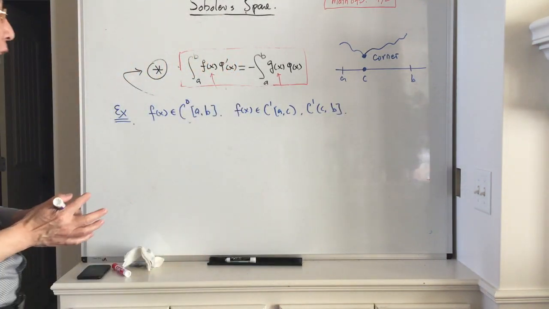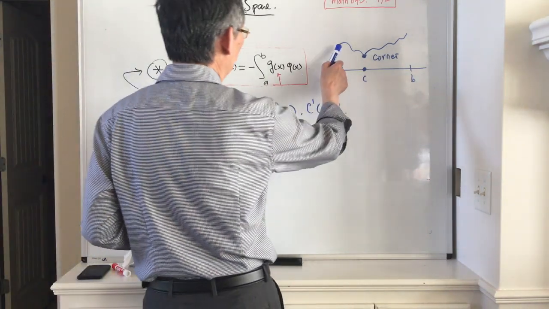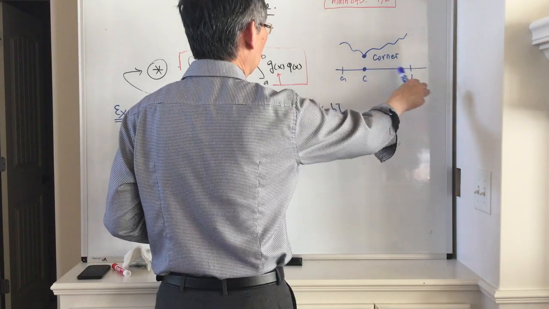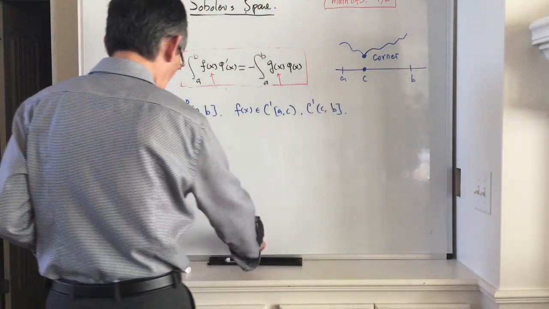Now, I can construct the weak derivative in this sense because the derivative exists on (a,c) and also exists on (c,b). So I put these two derivatives together to make the weak derivative.